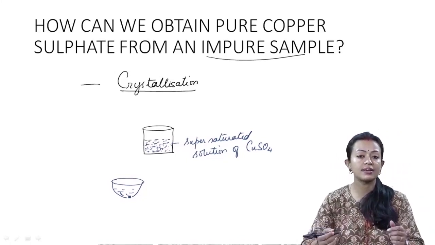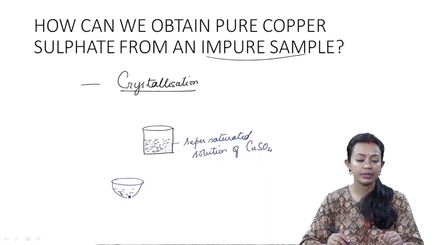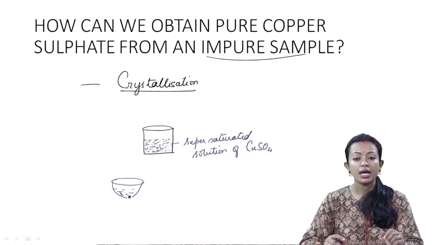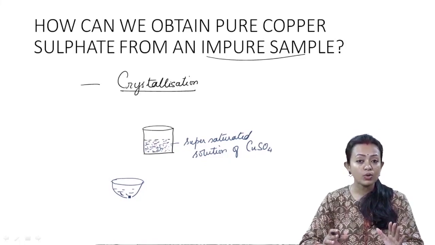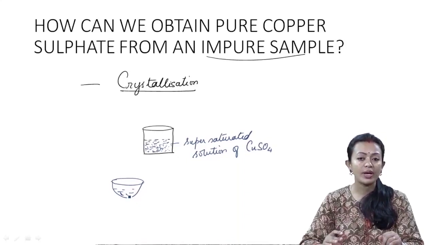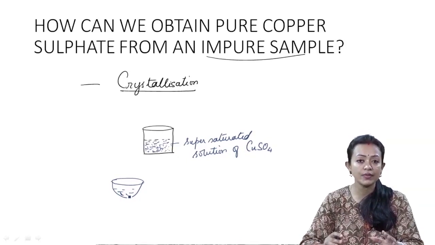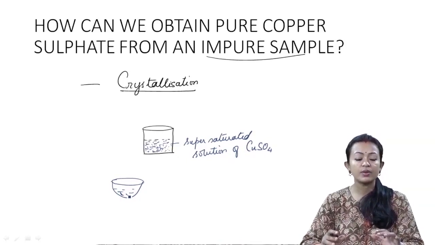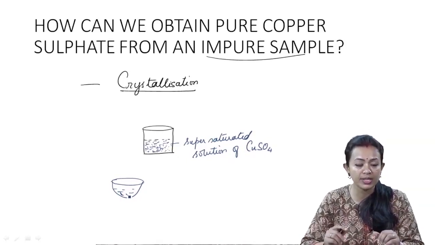Now what does it signify? How did it happen? When we made the supersaturated solution, the amount of solute was in excess in the solvent. And when did it happen? When we heated it. At a higher temperature, when we have an excess of solute in the solvent, we tend to make a supersaturated solution.